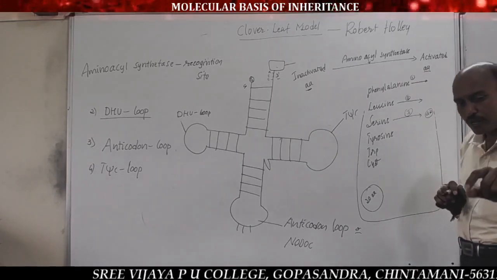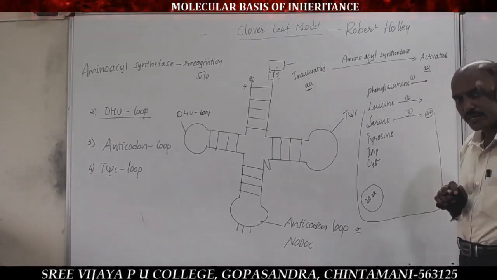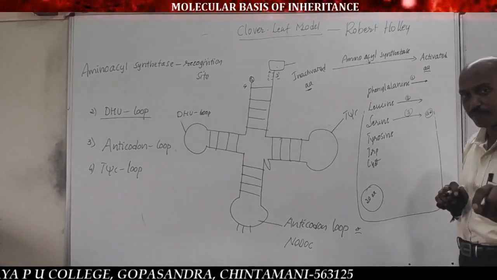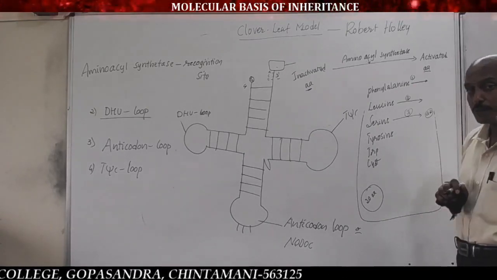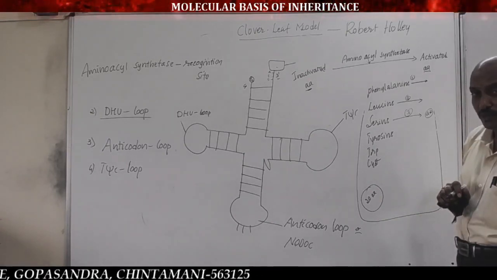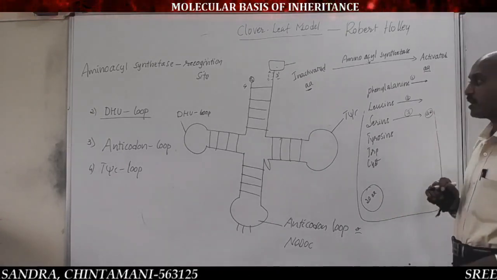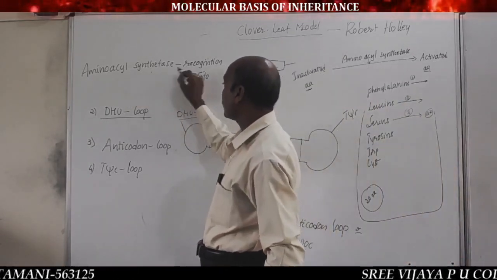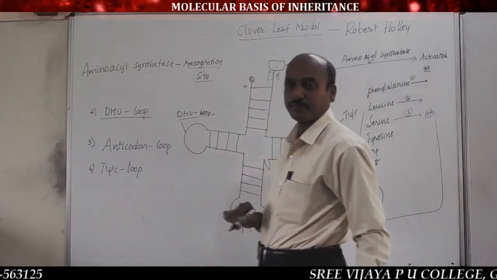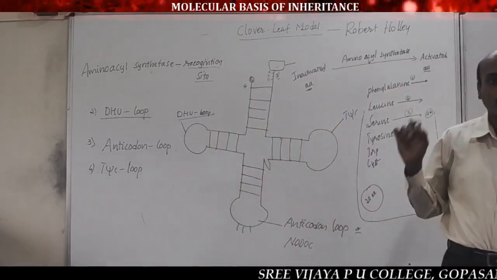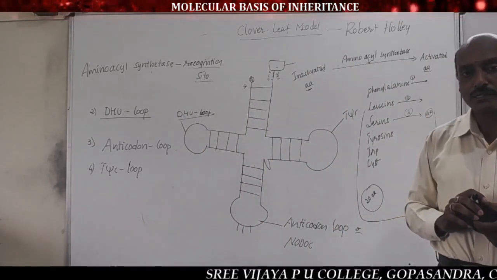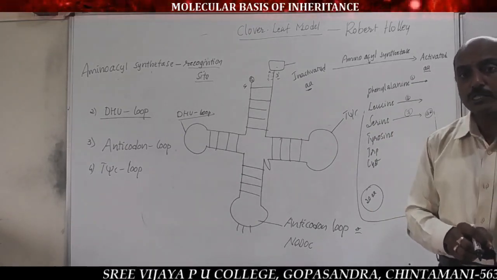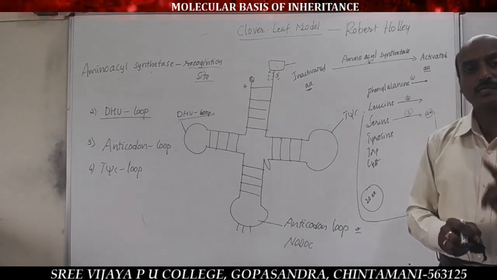The DHU loop identifies and recognizes the particular amino acid synthetase enzyme for the conversion of a specific inactivated amino acid into activated amino acid. That's why the DHU loop is also called the amino acid synthetase recognition site, because it helps in recognition and identification of the specific amino acid synthetase enzyme.